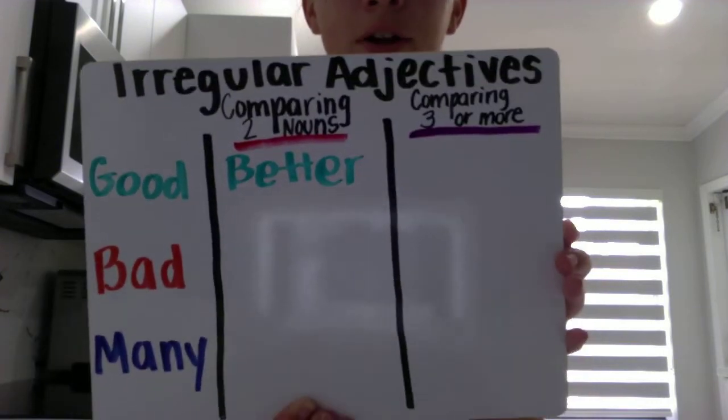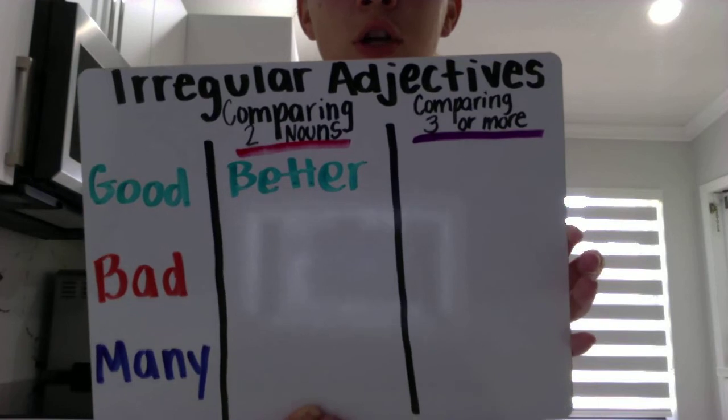So we use the adjective better to describe a noun when we're comparing 2. So we would use better when comparing 2 nouns. So the pasta was better than mine. We're comparing the pasta that someone made to mine.